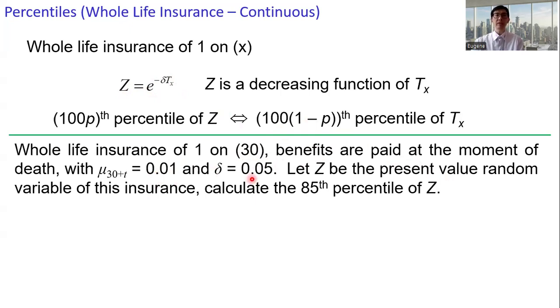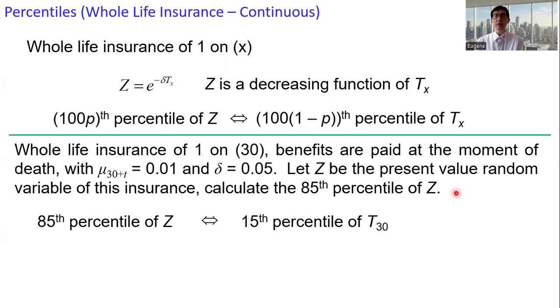We want to get the 85th percentile of Z. To get the 85th percentile of Z, this is equivalent to getting the 15th percentile of T30. So we want the CDF value of T30 equal to 0.15. The CDF of T30 is in fact tq30, so tq30 equals 0.15.